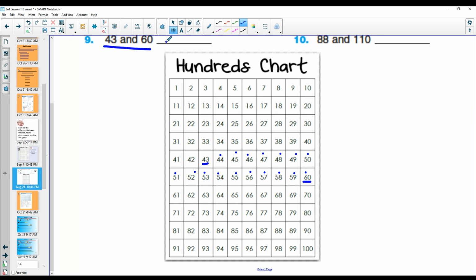That took me a long time. Whereas if I know the pattern of the number chart, I can just go 10, 11, 12, 13, 14, 15, 16, 17. If you know the pattern, it makes your life easier.